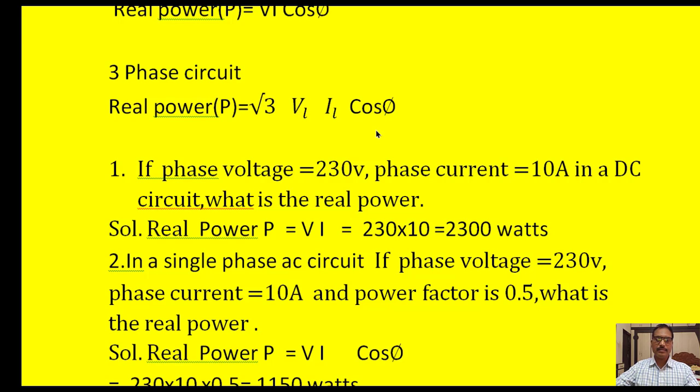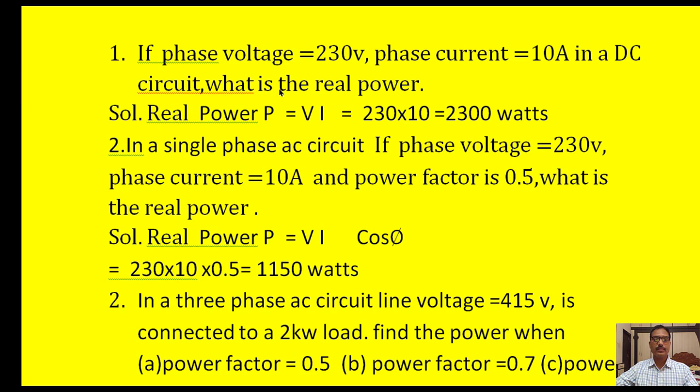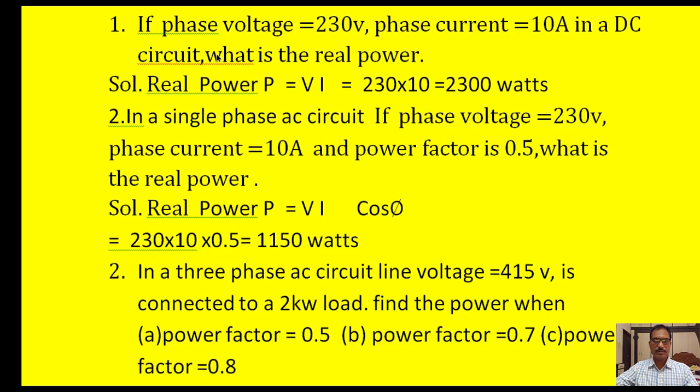Now let us see how the power factor impacts the circuit condition. Let us take first a problem on DC circuits. If the per phase voltage is given as 230 volts and per phase current is 10 amperes in the DC circuit, what is the real power or the power consumed?